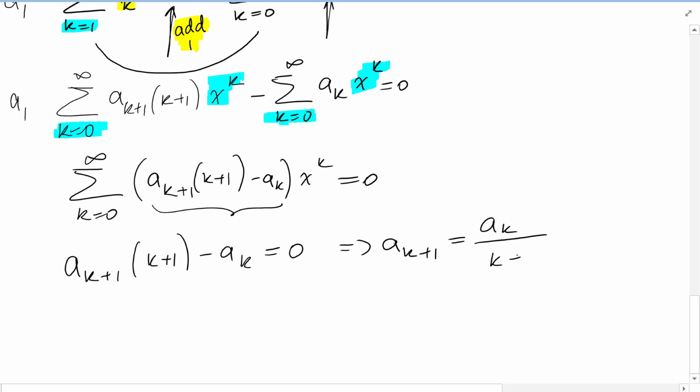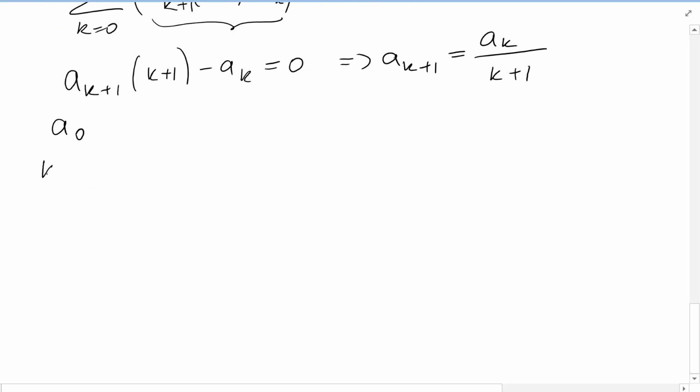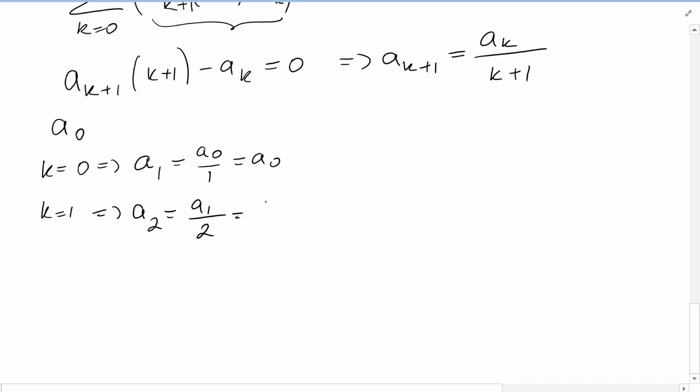So we got the recursive formula where we can say a sub 0 is the first term. If k equals 0, we get a sub 1 equals a sub 0 over 1, which is a sub 0. If k equals 1, we get a sub 2 equals a sub 1 over 2, which is a sub 0 over 2.